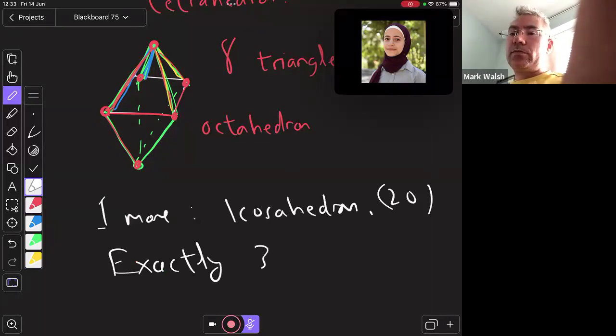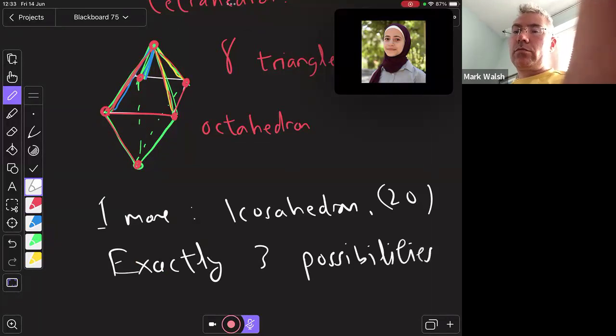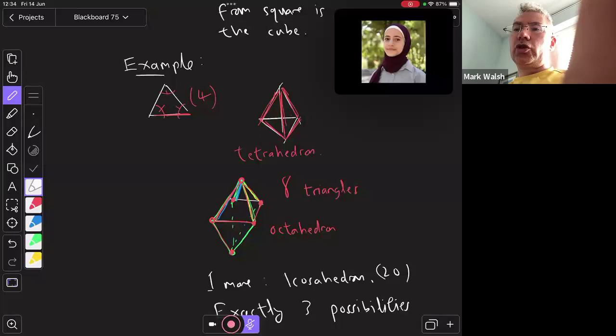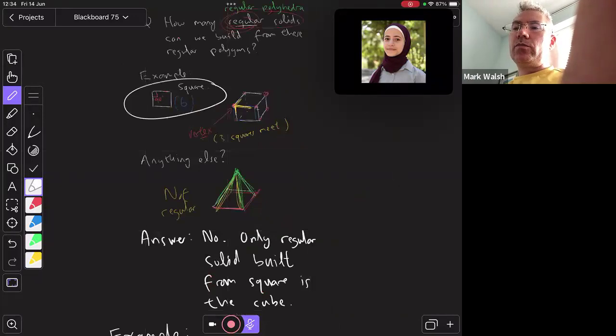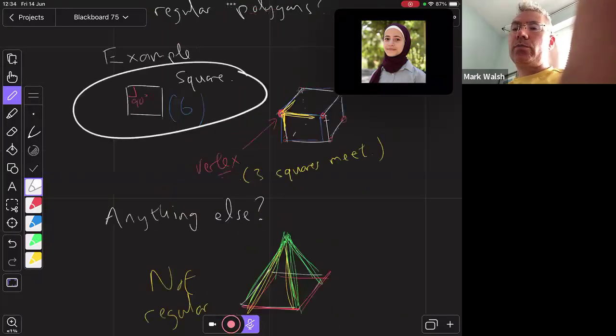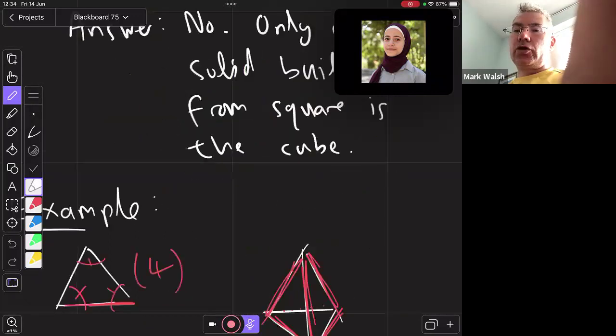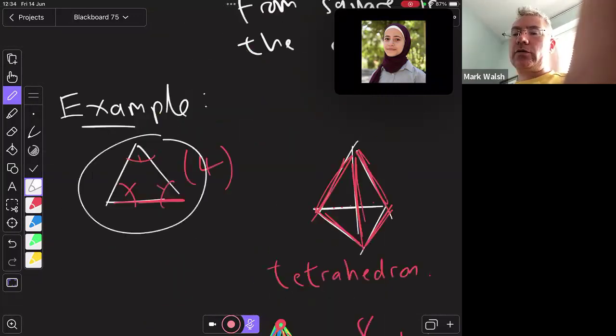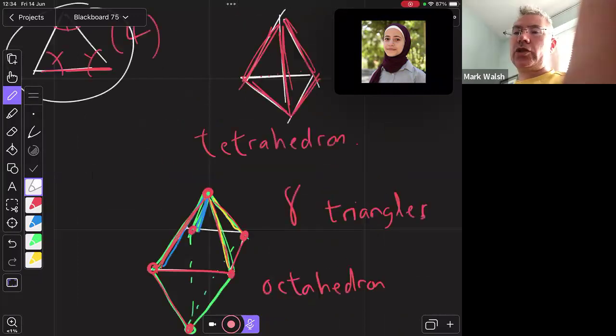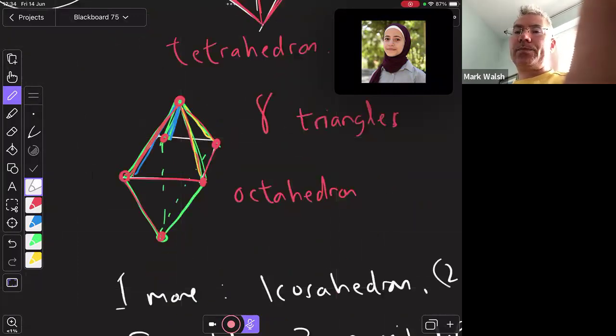Exactly 3 possibilities. Okay. So just to go back, you can see with the square, there was only one solid we could build, the cube. With the triangle, there are 3 possibilities: the tetrahedron, the octahedron, and also the icosahedron.